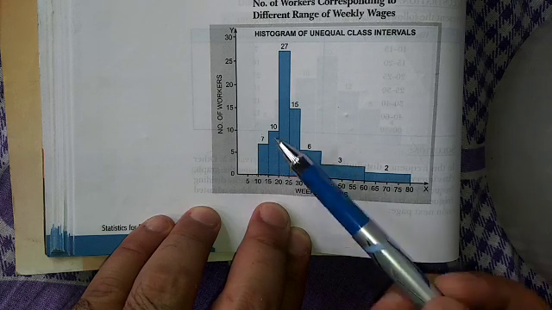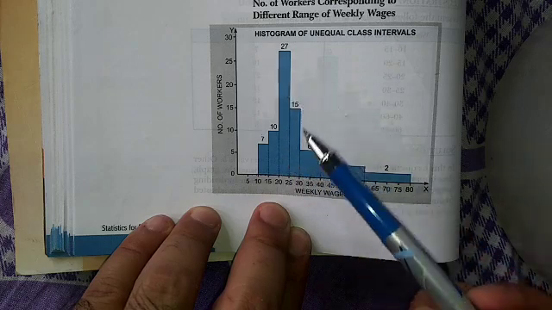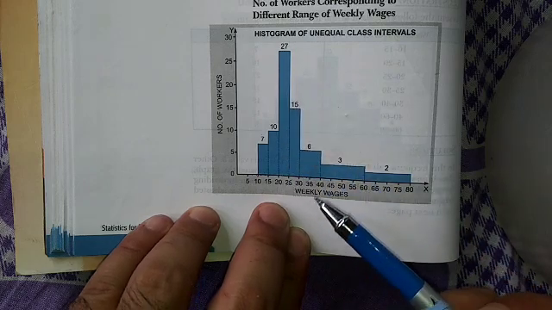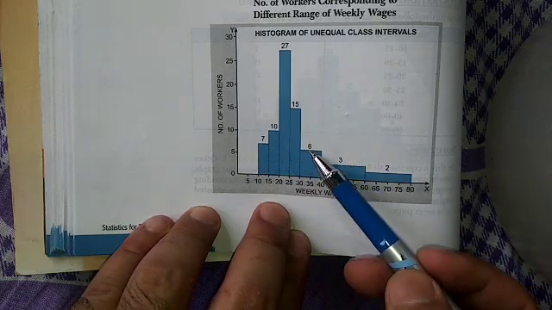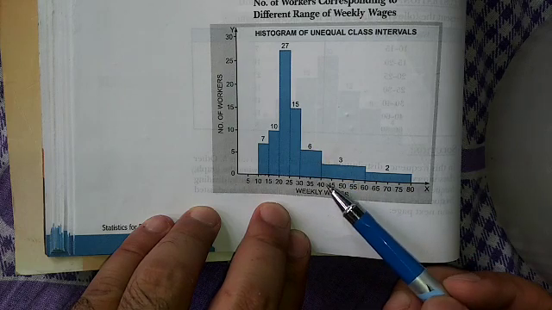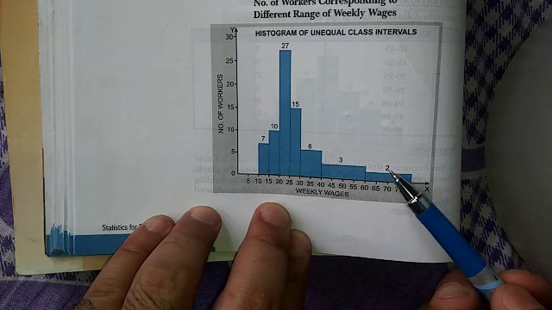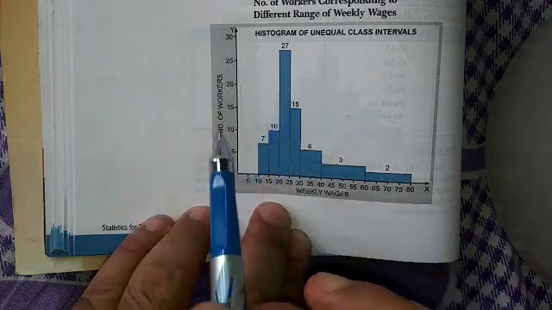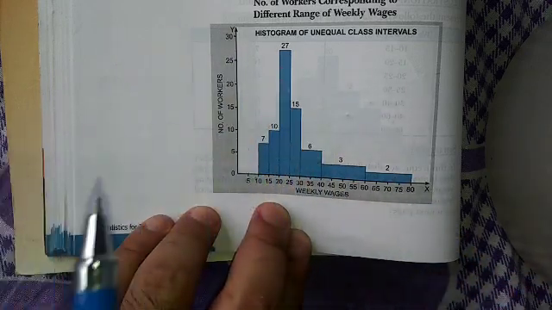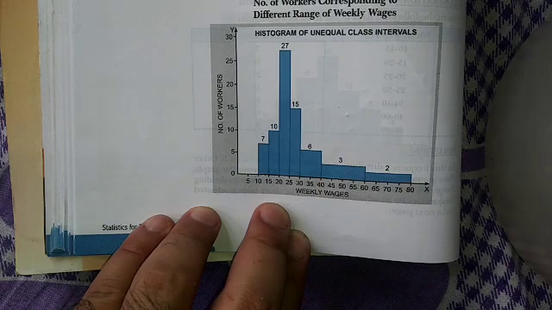From 20 to 25 it's 27, from 25 to 30 it's 15, from 30 to 40 it's 6, from 40 to 60 it's 3, and from 60 to 80 it is 2. So this is the histogram of unequal class intervals.